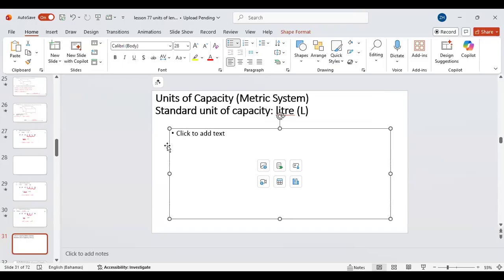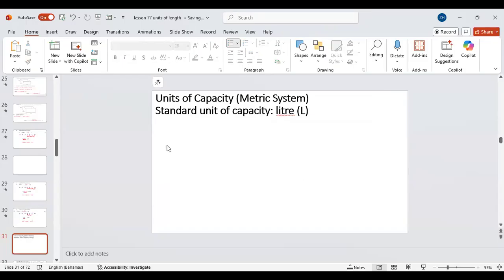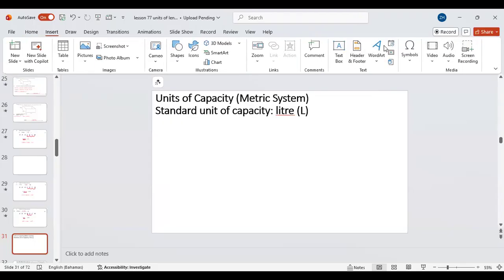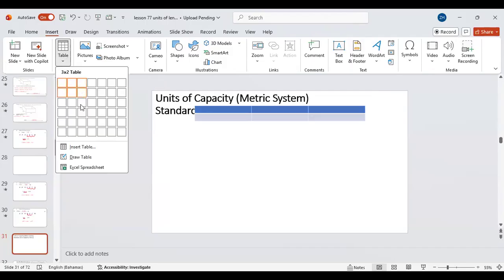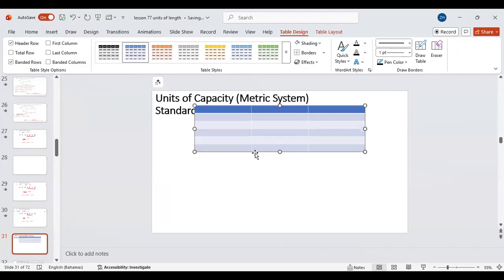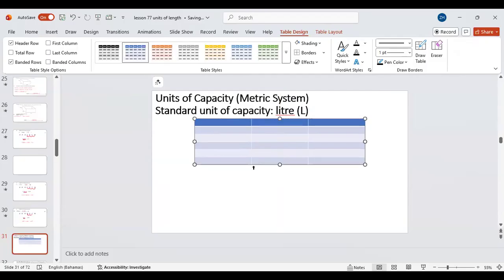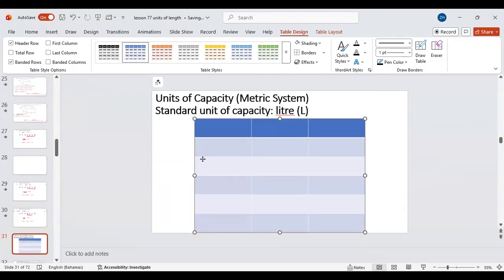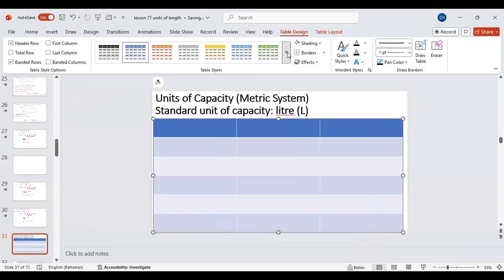You ever see on bottles or milk, or baby bottles, they have liters, how much it is. If you look carefully, even in sodas you would see liters or ounces. All right, so that's capacity, units of capacity. How much liquid is inside of this particular container, right?